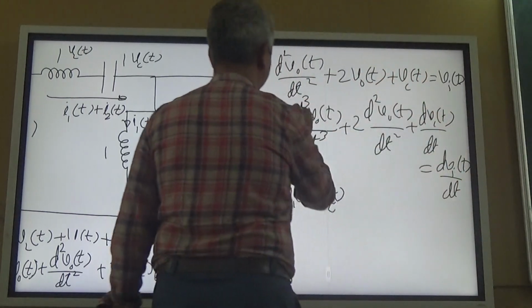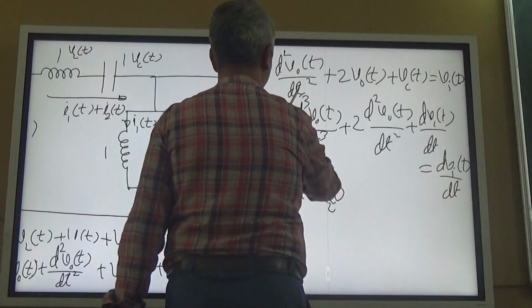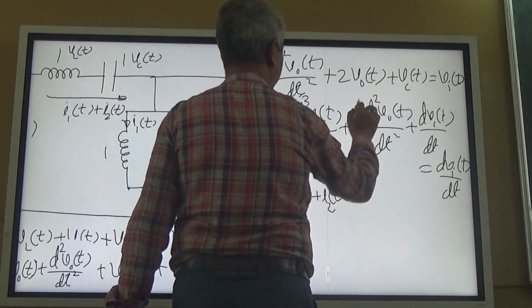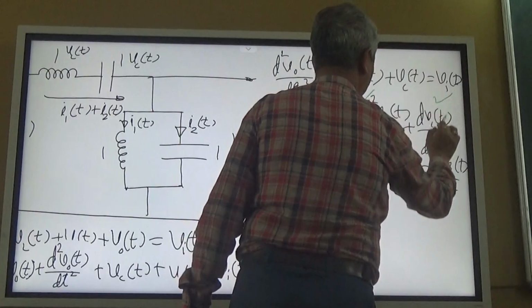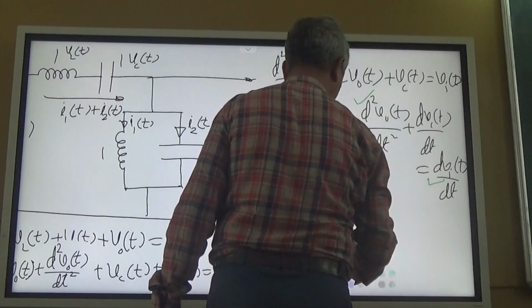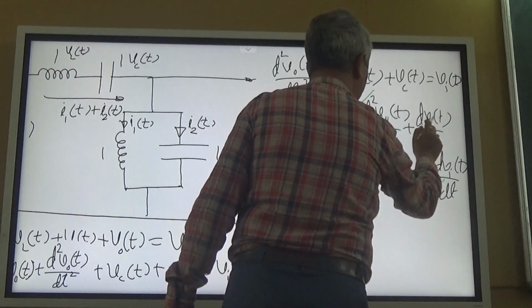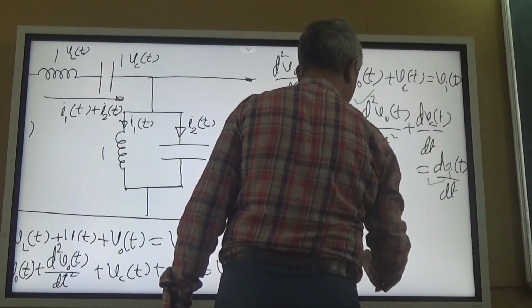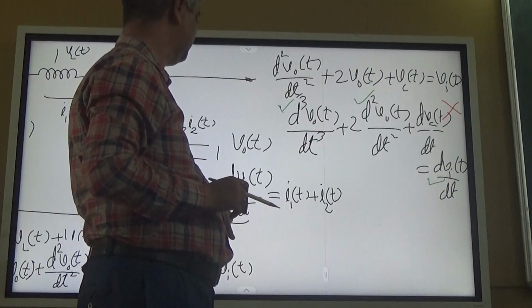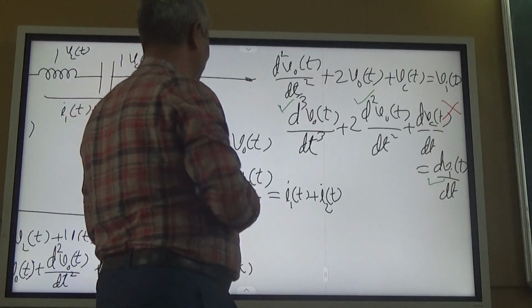In this equation, this term is okay, this term is okay, but this term is not okay, right? For this I have this. And what is i1(t)?